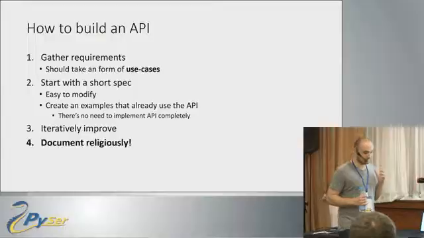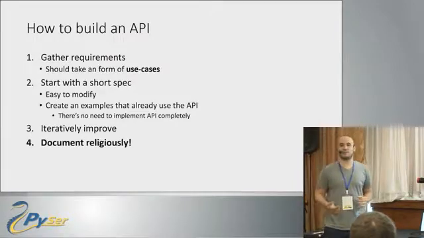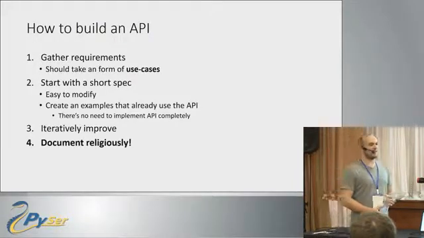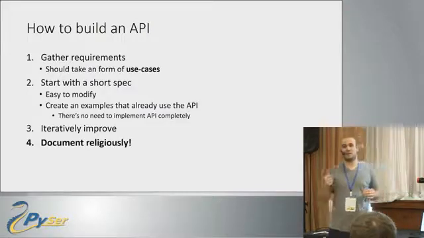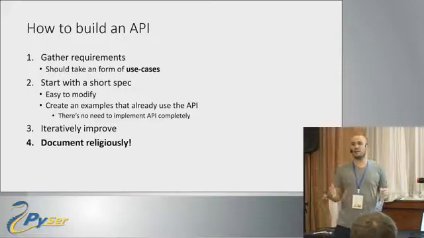You can start using your API to create prototypes. This means the API is not implemented yet, but you're using the interface and you can play with it and see how it looks. When you have this, you can always iteratively improve. You gather the same group of people and say, we have this, does this help? And they will say no. And then you say, okay, let's find a solution for you.